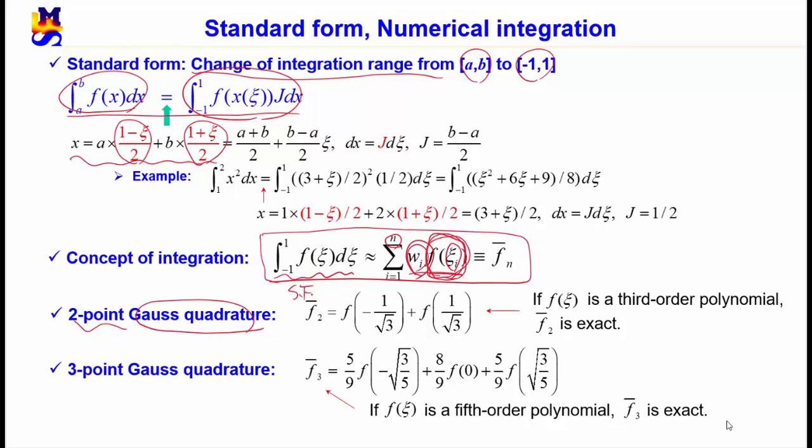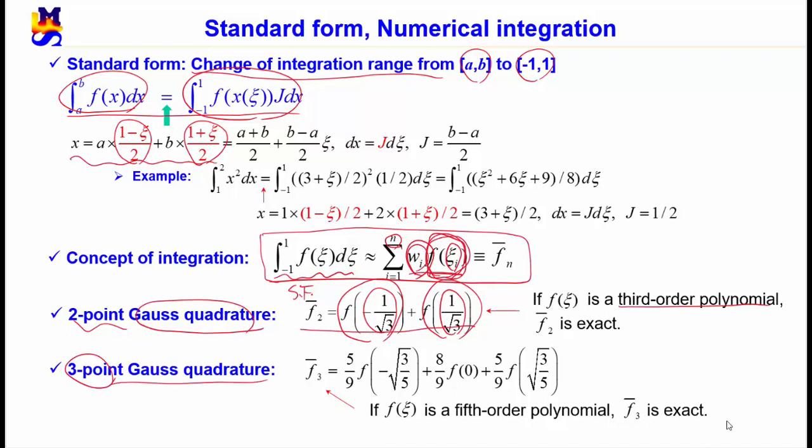With two-point Gauss quadrature formulated like this, we can calculate the exact solution up to third order polynomial by calculating only two function values at cosine equals ±1 over square root of 3.